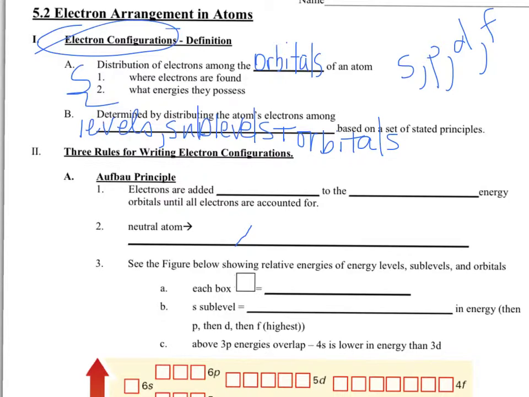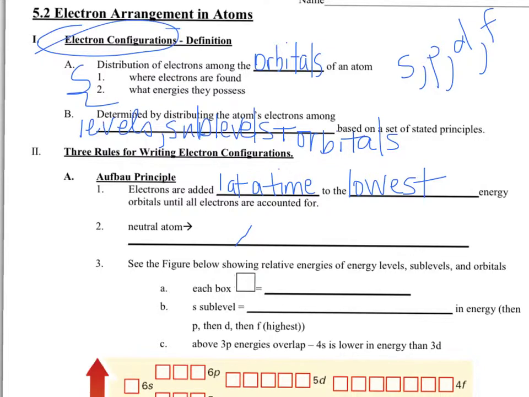Okay, so then there are 3 rules for writing electron configurations, and I think this is what you will recognize the most: electrons are added one at a time, and they are added to the lowest energy orbitals until all electrons are accounted for.